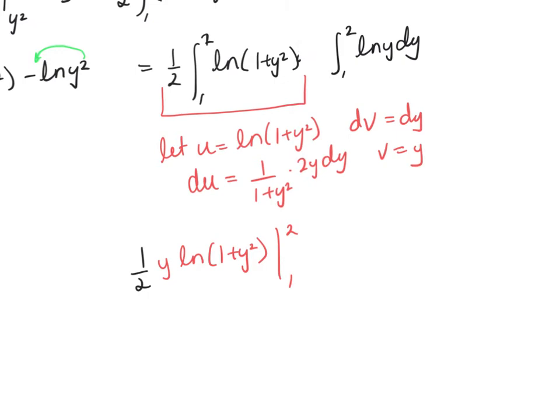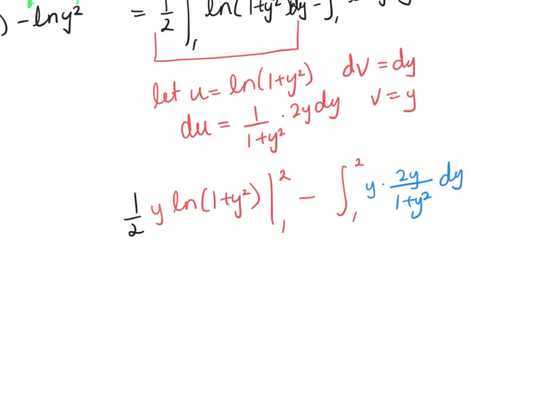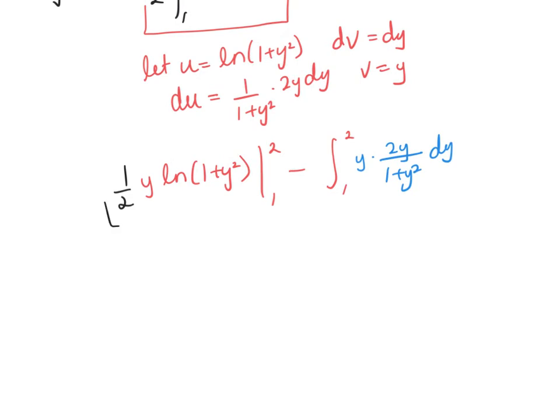And then, this is awful, let me clean this up just a little bit. Okay. And then I'm going to have minus the integration from 1 to 2 of y, because that's my v, times 2y over 1 plus y squared dy. Now this, I'll go ahead and work with this for a moment, and then I'll look at that other loveliness.